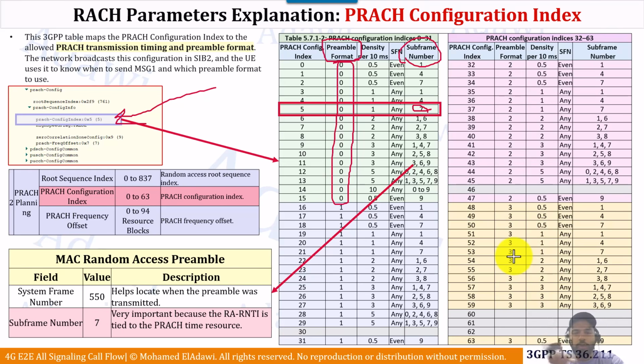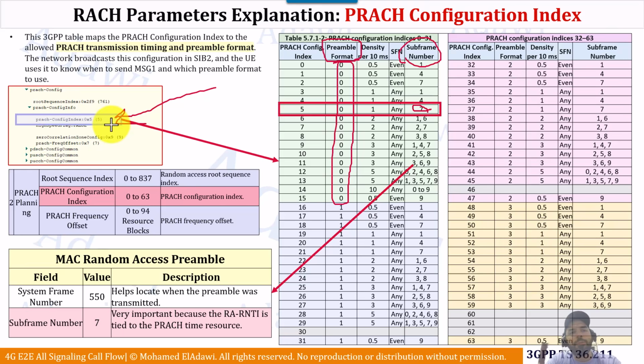I'm not going to discuss this in much detail, but just give you quick information that the preamble format is identifying 2 parts: the length of your preamble sequence, for example, how long the preamble used in message 1 will take, 1 millisecond, 2 milliseconds, 3 milliseconds, and also what your planning root sequence indexes are, for example, up to 837 or whatever. This is the main idea.